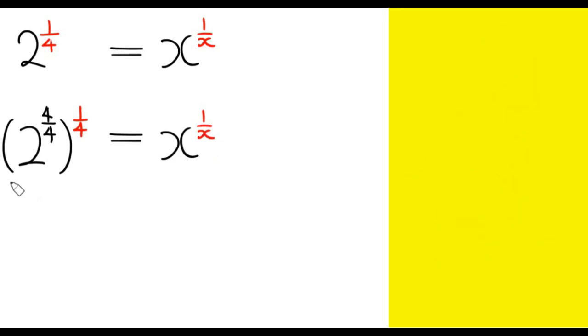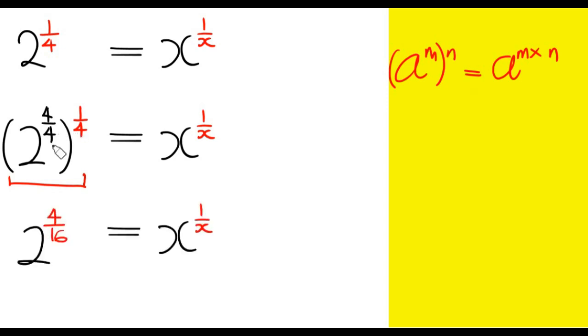Hence, what we're going to do to the left hand side is to apply an index rule, which says when we have a raised to the power of n in brackets and another power m outside, we multiply both powers, giving a raised to the power of n times m. Exactly that's what we're going to do here. We multiply both powers, the one inside the bracket and the one outside. At the end of the day, we have 2 raised to the power of 4 over 16 equals x raised to the power of 1 over x.